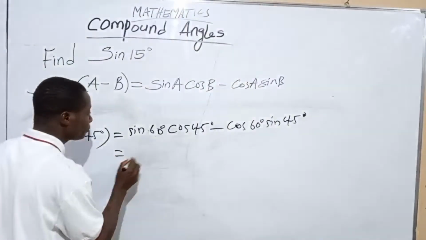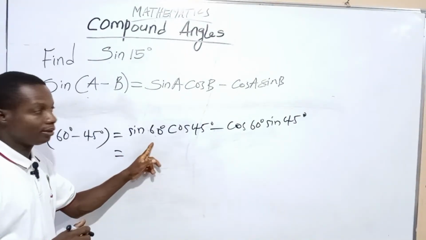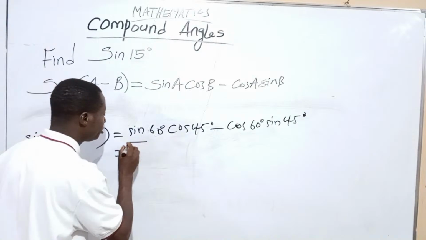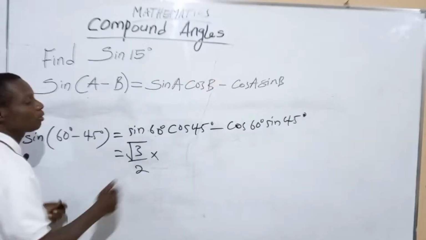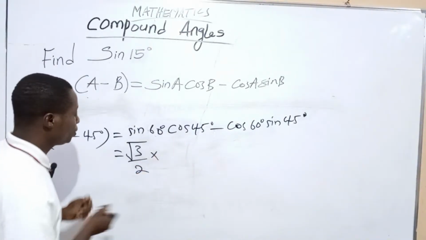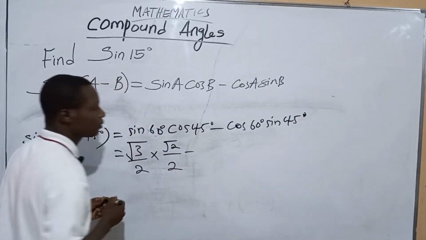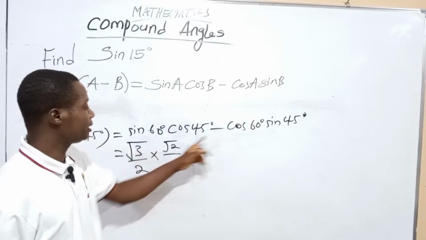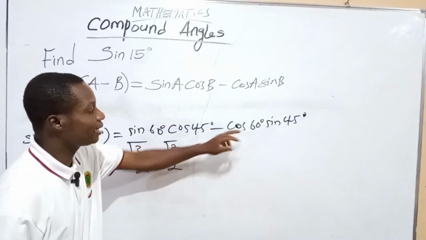So let's go. Sine 60 is the same thing as cos 30, which is root 3 over 2. Then cos 45 is the same thing as sine 45, which is root 2 over 2. Then minus cos 60 is the same thing as sine 30.